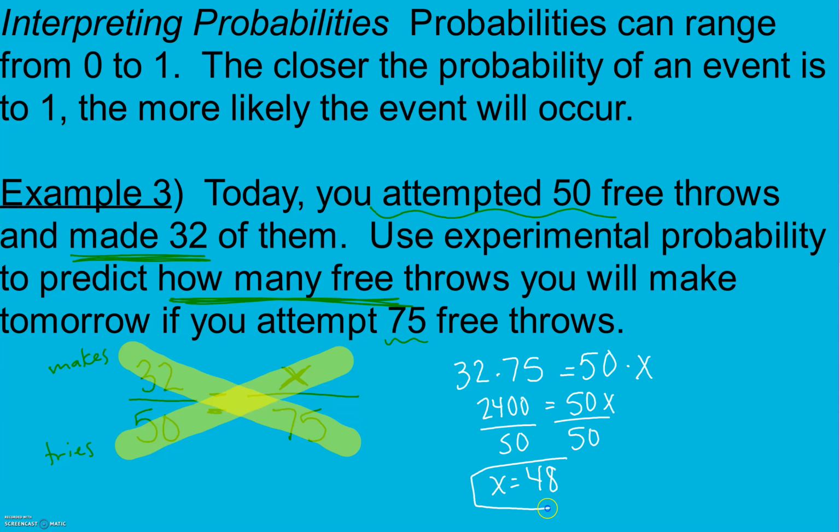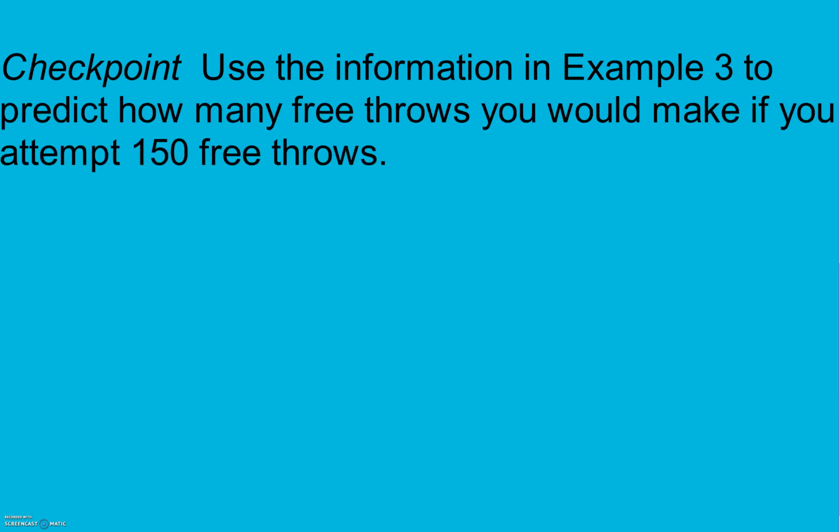So if we had the same probability of success as we did today, we made 32 out of 50. Tomorrow we're going to make about 48 out of 75. And again, that's not guaranteed, but based off what we did today, if that pattern continues, we'd have 48 tomorrow.